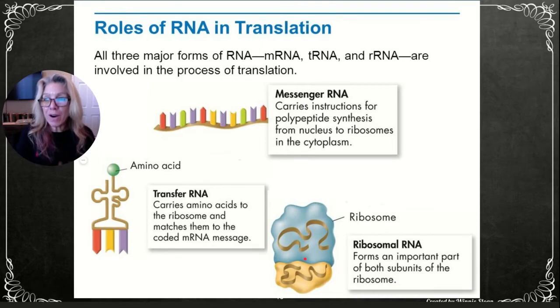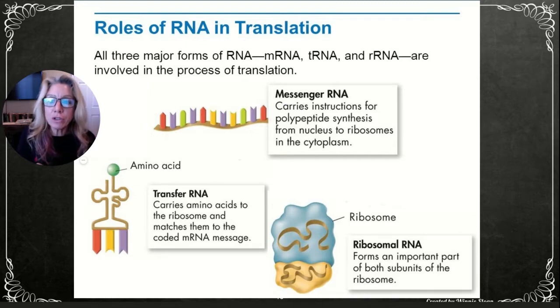So for right now on your notes, mRNA carries the code from the DNA. It's the coding sequence. tRNA carries the amino acid, a non-coding sequence. And then rRNA is the workbench for translation.